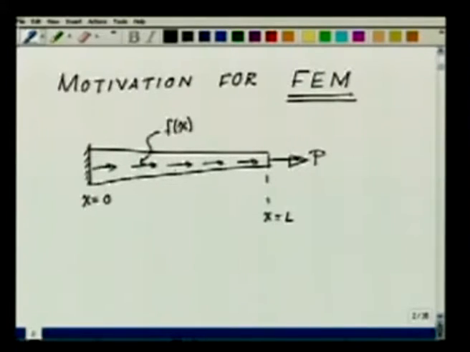The material of the body varies, because this is no longer a uniform bar I have taken. It varies as a function of x as EA(x).